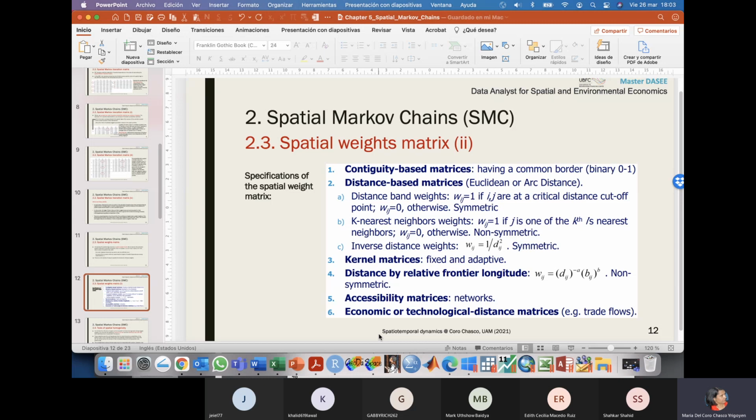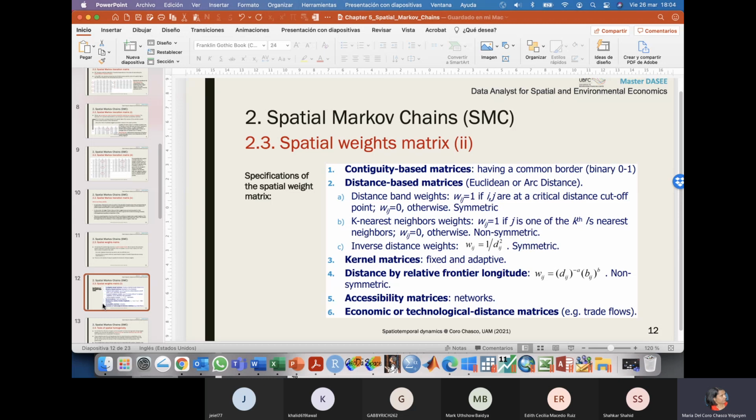In this framework, in the spatial Markov chains, I didn't do that, but I recommend you to try. Maybe you will find some deviations, I'm not sure, or perhaps, as I said, you will be surprised by the performance of purely physical distance weight matrices.